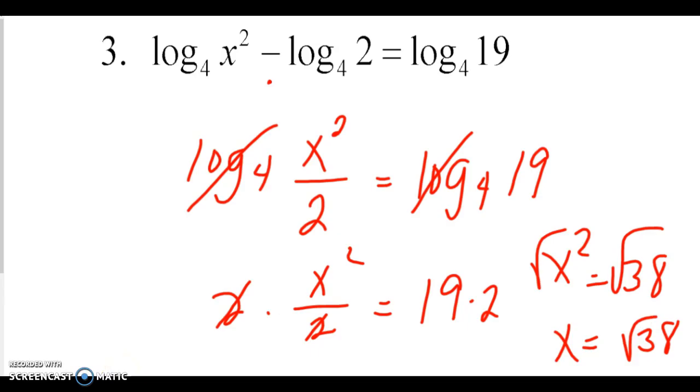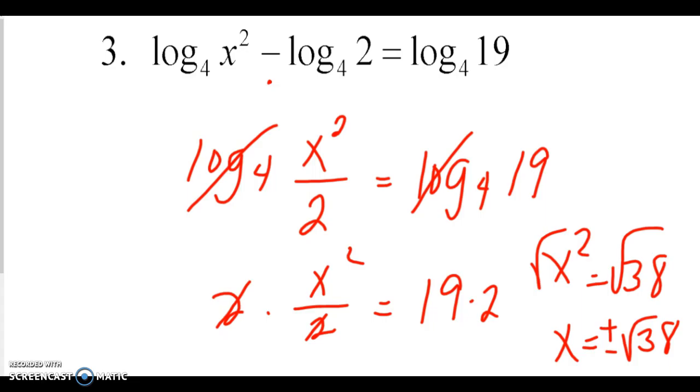But here's where we have to focus on something. Please remember, when we take the square root of a positive number, we have two answers, plus or minus the square root of 38. Now, we have to be very careful, because remember, we can never take a logarithm of a negative number.